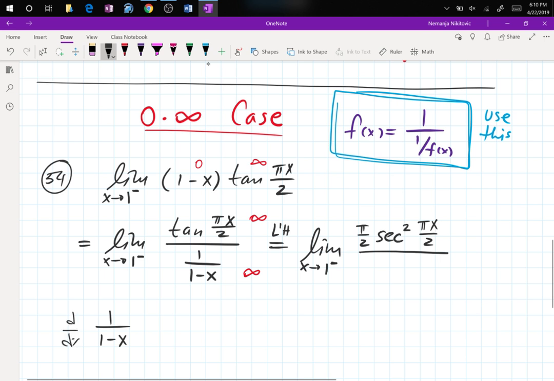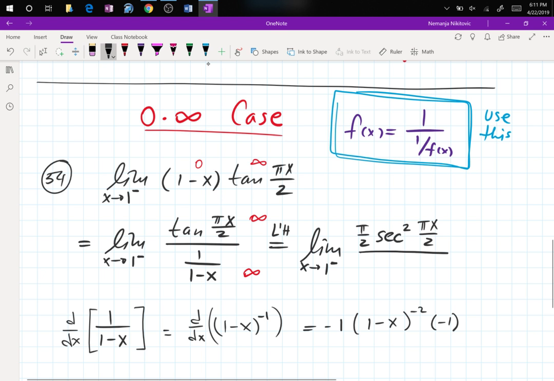You can do the derivative on the side. So this negative 1 is the exponent dropping down, and then becomes minus 2, and then the derivative of the inside. So it's 1 over 1 minus x squared.